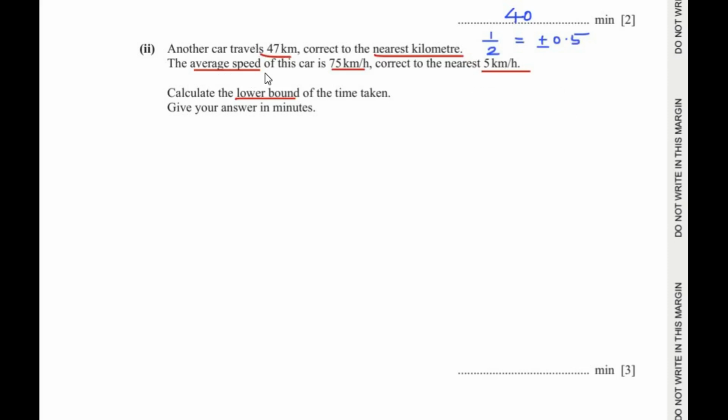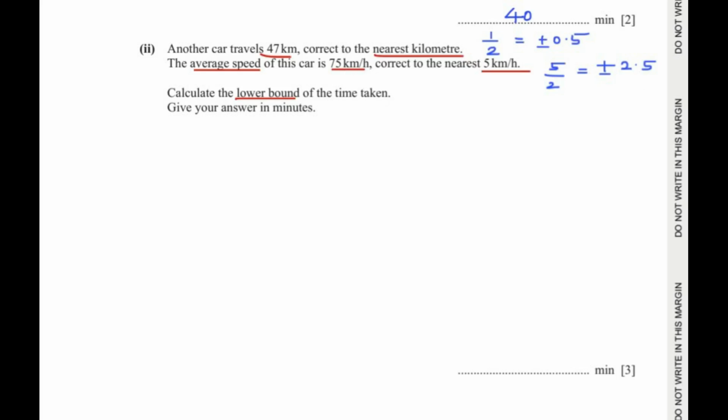Similarly for the average speed, since 5 kilometers per hour is given, we are going to take 5 over 2. So here we get positive 2.5, that is to get the upper limit of the speed, we have to add 2.5 to 75, and to get its lower limit or lower bound, we have to subtract 2.5 from 75 kilometers per hour.